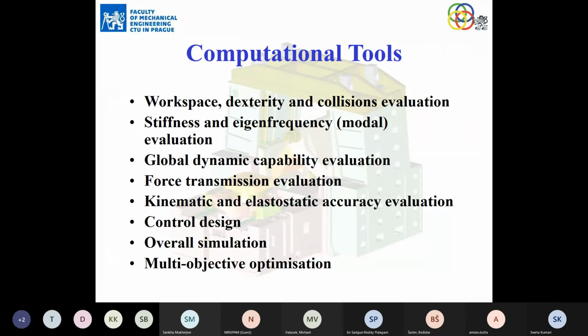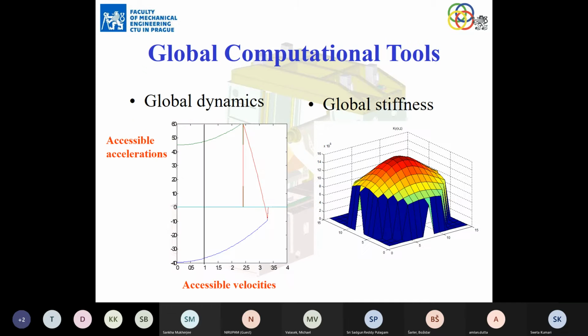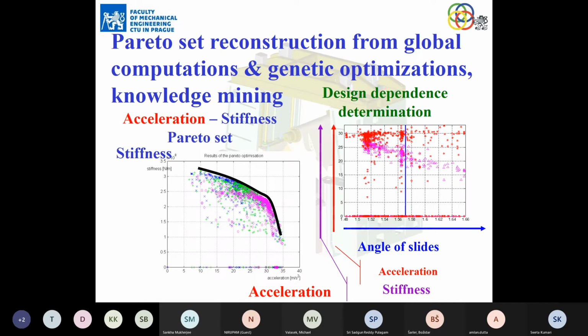Computational tools. All these properties must be computed efficiently, globally, in order to get it into the evolutionary optimization. So here are examples of results of global computational tools, and how it was applied in order to get the Pareto set or the new knowledge.